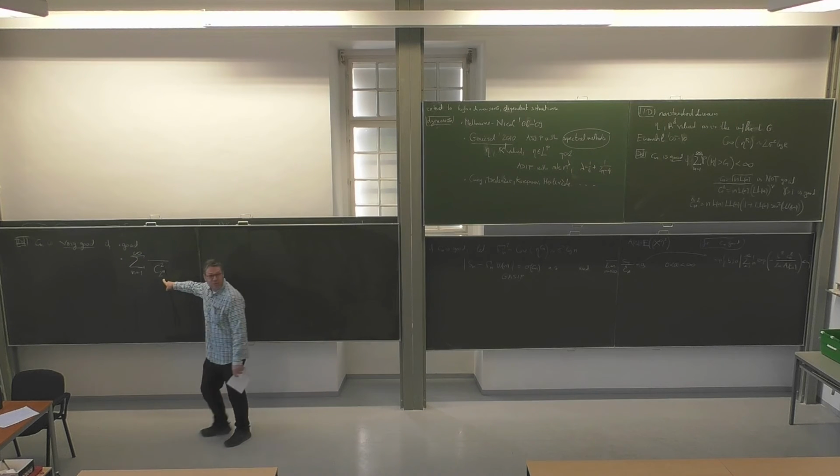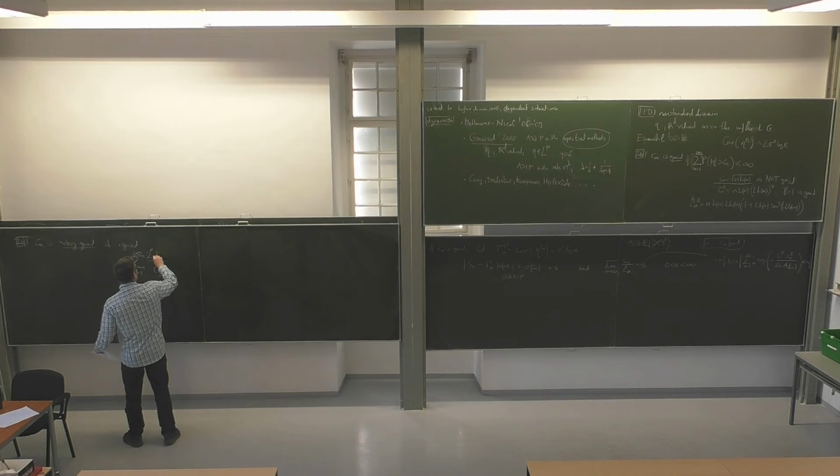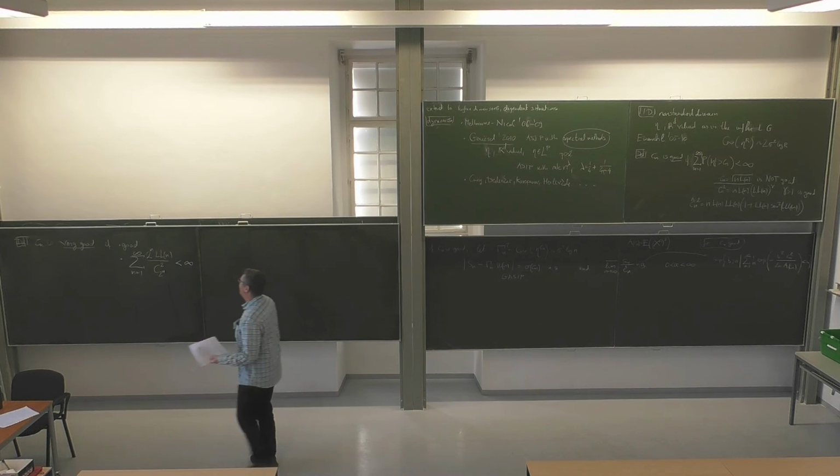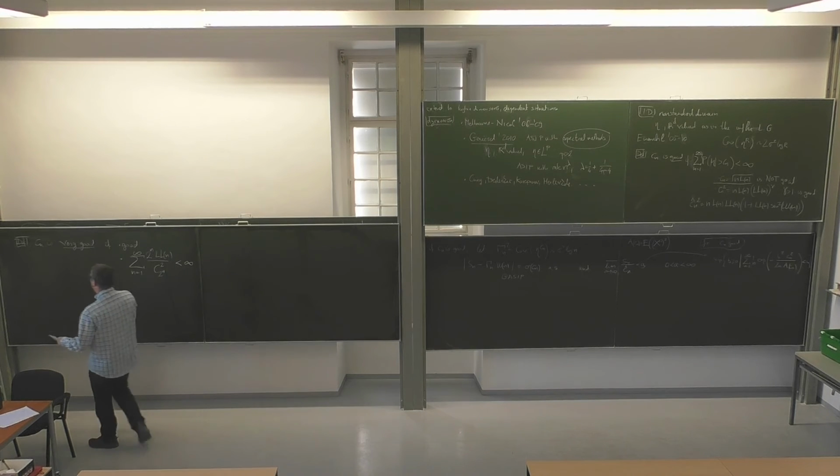So it's C at 2 to the n squared in the denominator, and I have a 2 to the n here, and a log n here. This is summable. So notice, I may comment on this later.